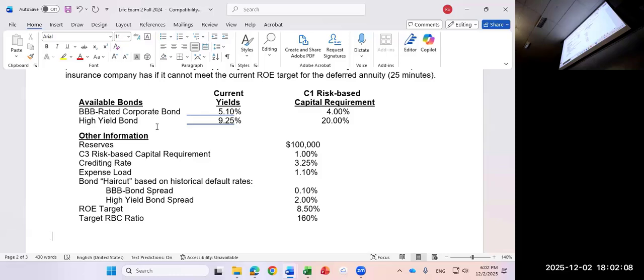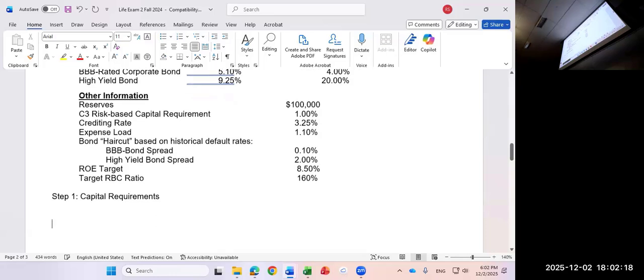So on this one, what I said, step one is do the capital requirements first. I think that makes the most sense, just so you have that out of the way. So you have a triple B bond and you have high yield, and you have C1 risk and you have C3 risk, and then you have the total.